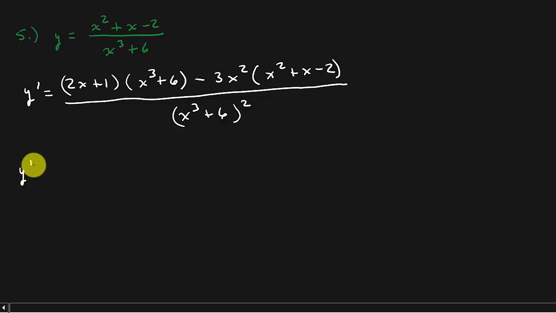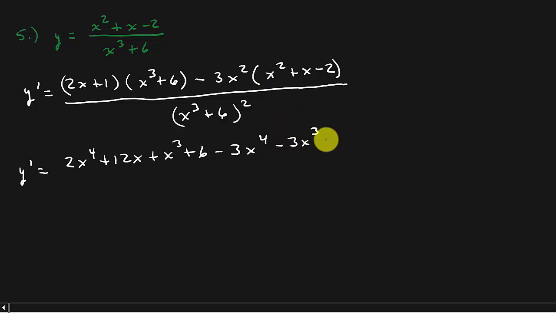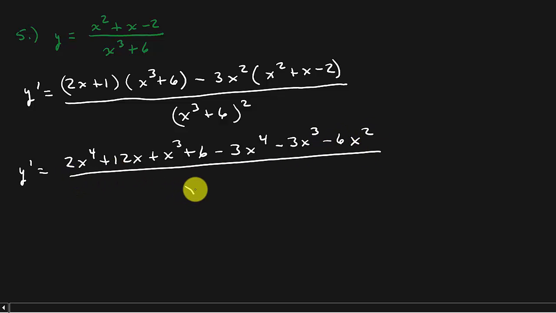And then we've got to multiply this out and combine like terms. So here that's going to be 2x to the fourth plus 12x plus x cubed plus 6, minus 3x to the fourth, minus 3x cubed, minus 6x squared, over x cubed plus 6 squared.